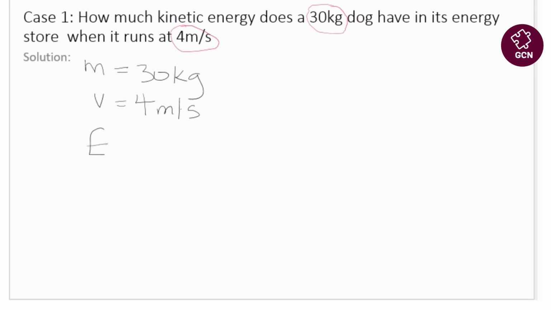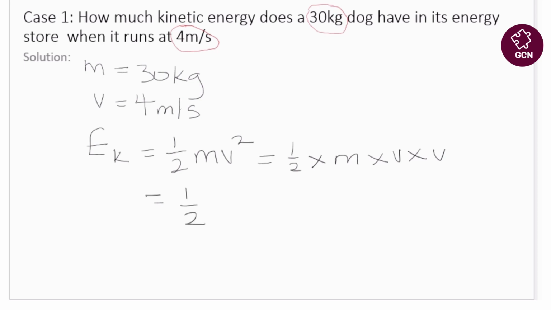So that is E subscript K is equal to, you recall the formula for kinetic energy is half mv squared. And I said that it's the same thing as writing half times m times v times v. Okay, so we are just going to substitute those values straight into the equation.